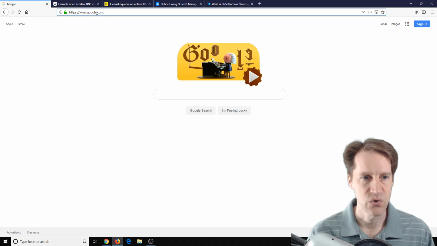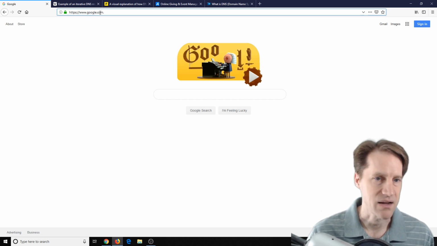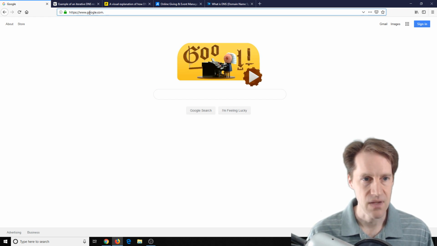And then Google, you could consider the authoritative domain. Basically google.com is the domain name you would purchase, or mydomain.com, for example. So it's broken out into a hierarchy, and that's how it does name resolution.